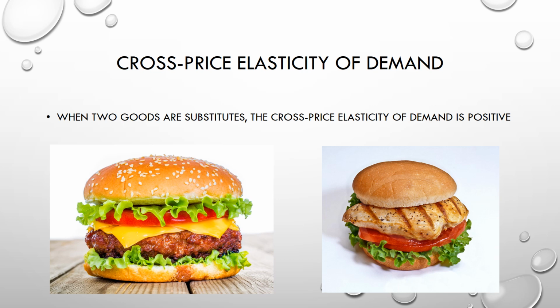We're going to demand more chicken sandwiches. So we're going to have two positive numbers. We'll have a 10% change for the price, and let's say a 10% change in quantity demanded of chicken sandwiches. So positive 10% over positive 10% equals positive 1 in this case. But the point is that it's a positive number. The reason is, as the price of A goes up, our demand for B is going to increase. So we'll have a positive cross-price elasticity.